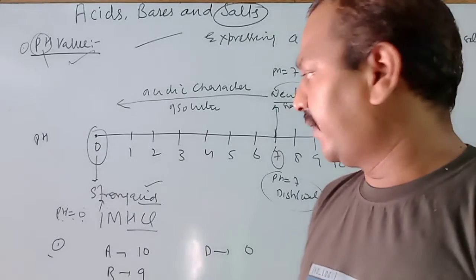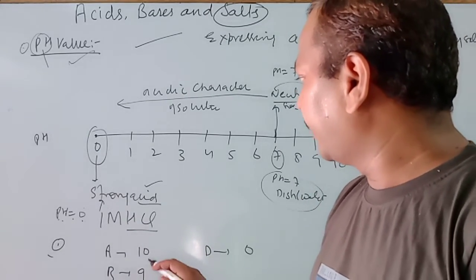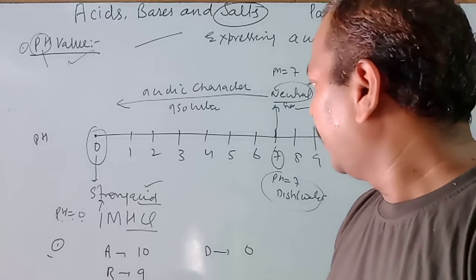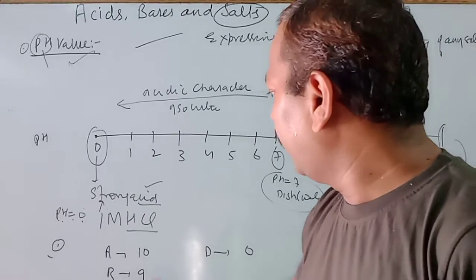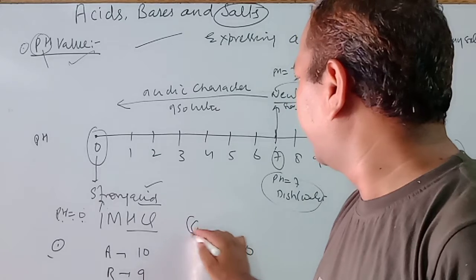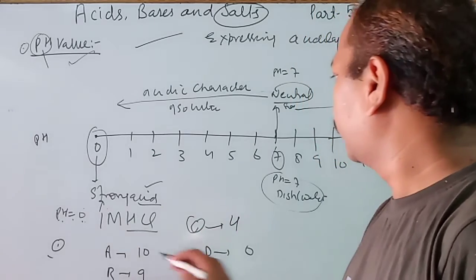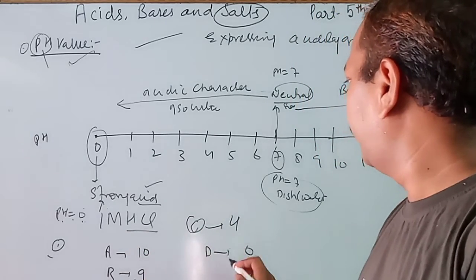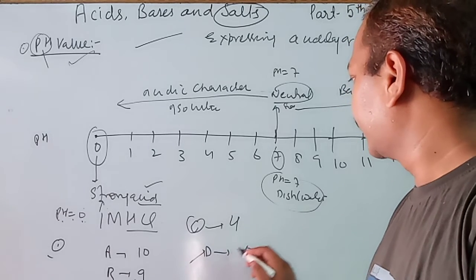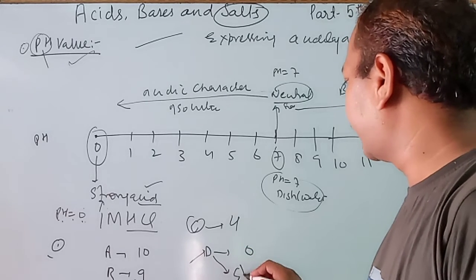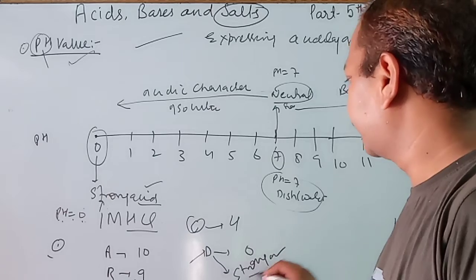Acidic means strong acid, so the value closest to 0, that is D. So D is a strongly acidic solution.